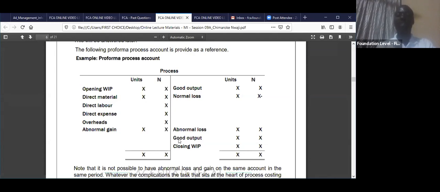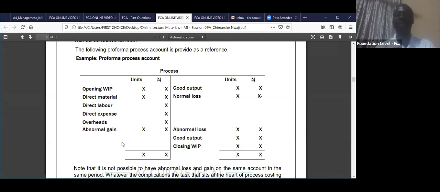Now I want you to know that this good output here is the same thing as this good output. So what we are saying is that you can have good output, normal loss, abnormal loss, and work in progress. This is just a portrayal whereby you can have a normal loss situation and an abnormal loss situation. Now, you cannot have abnormal loss and abnormal gain.